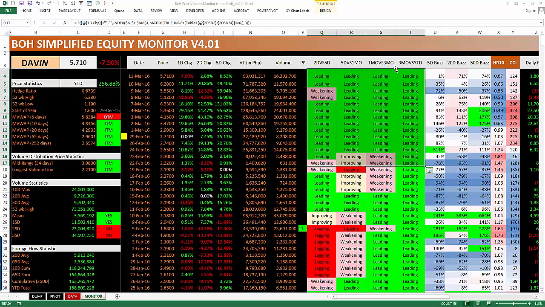Dito pa lang makikita mo naman yung inflection points eh. So, ayaw mo tingnan yung volume, tingnan mo na lang kung kailan nag-green yung mga indicators natin. Again, makikita mo naman dito yung inflection point.